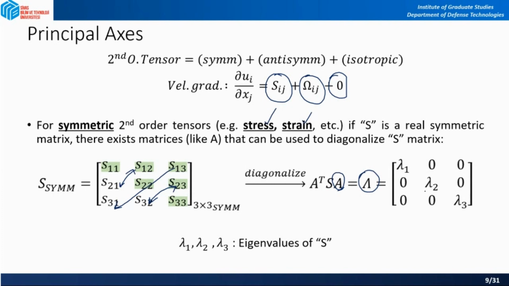So lambda 1, lambda 2, lambda 3 are eigenvalues of matrix S.